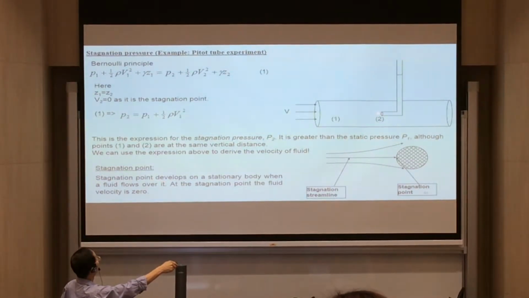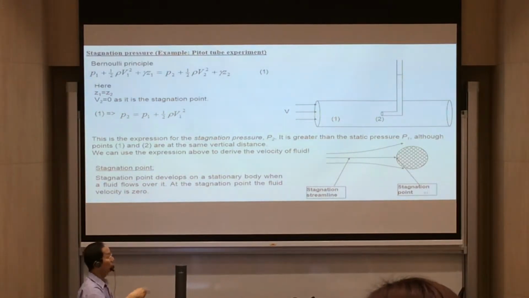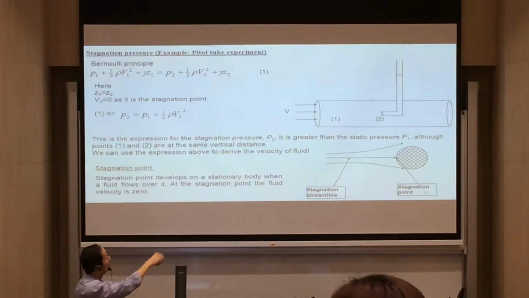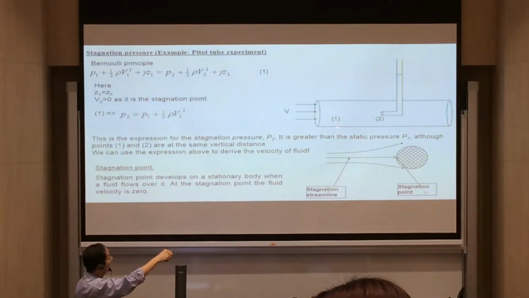Right, and here, what is Z1? In this case, we take a convenient reference datum, this line here, the bottom of the pipe, so to speak. Z is measured from the bottom wall of the pipe to this point here, point 1.